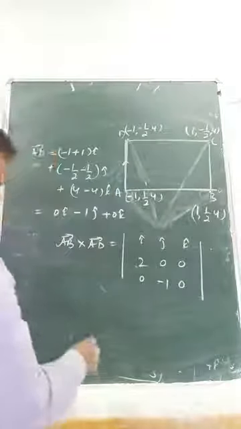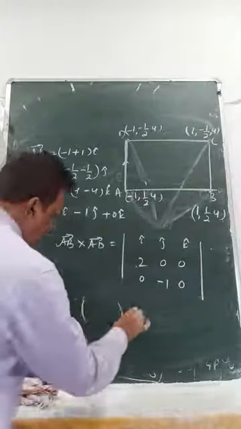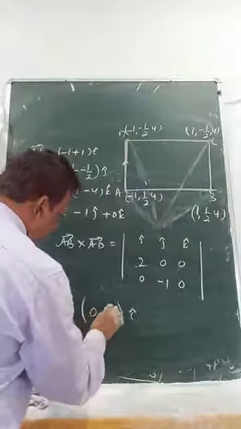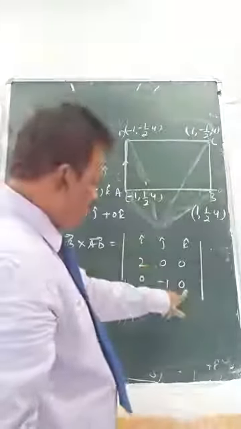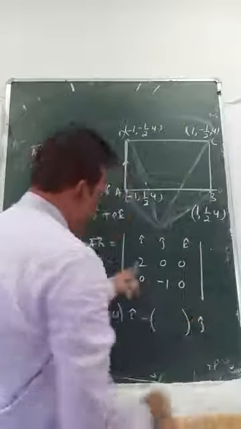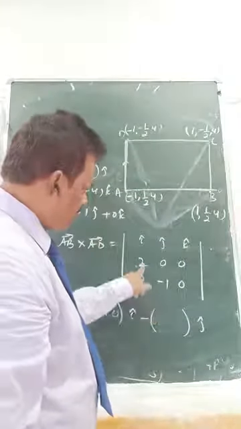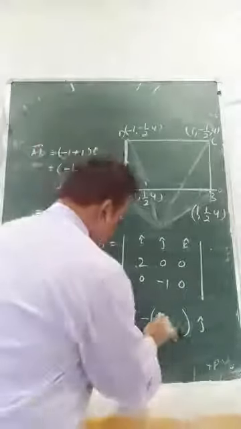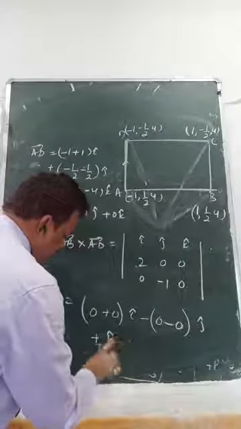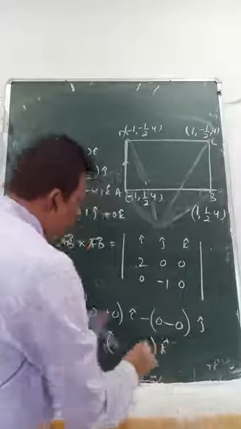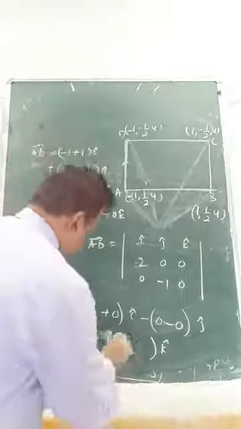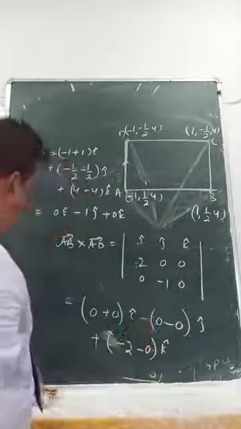I times 0 into 0 minus 0 is 0, minus j times 0 minus 0, plus k times minus 2 minus 0.